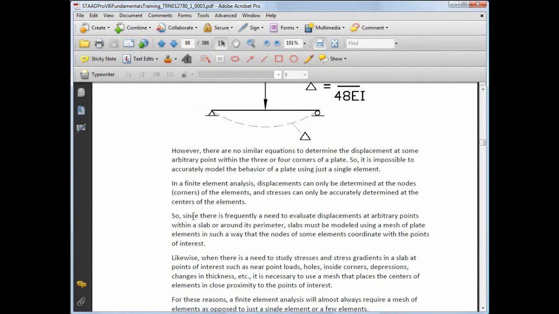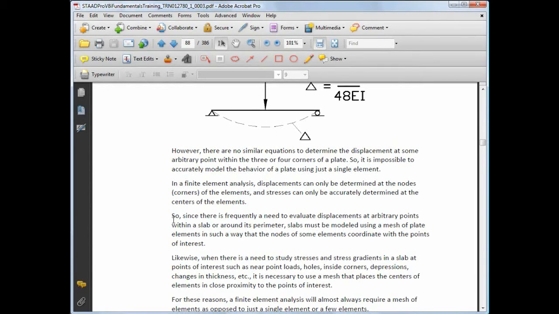Similarly, in a finite element analysis, we're only able to pick up stresses accurately at the centers of the individual elements.